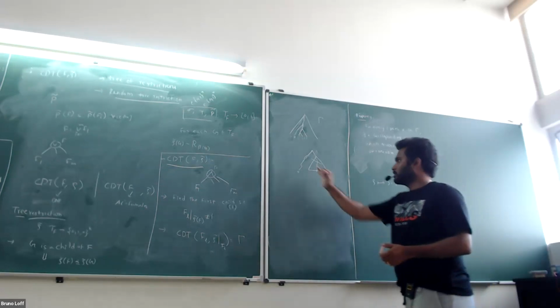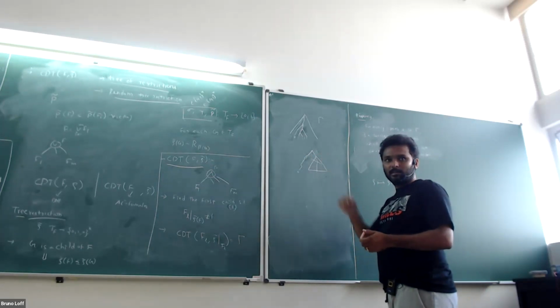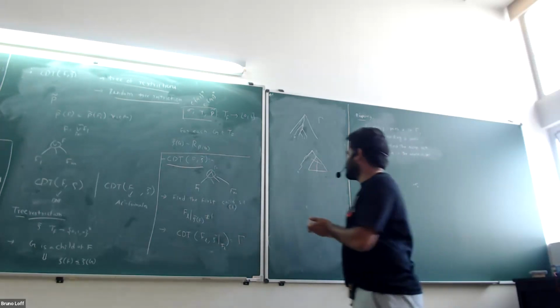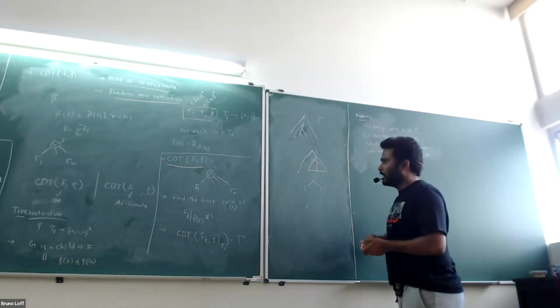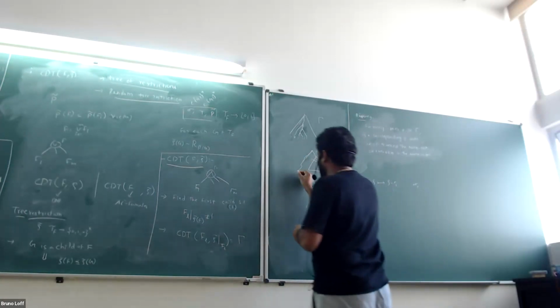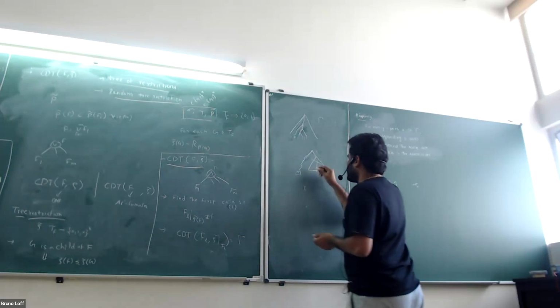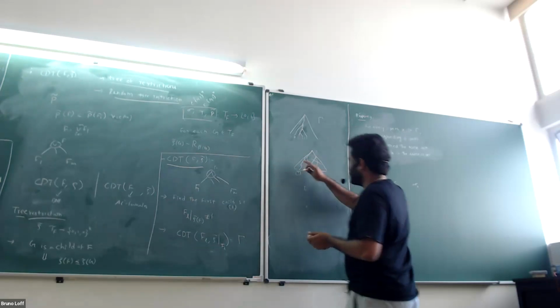You copy this left child here. By copy, you mean you're just querying the same variables? Yeah, you're querying the same variables, but the leaf answers will be different. Here you had a different decision tree.